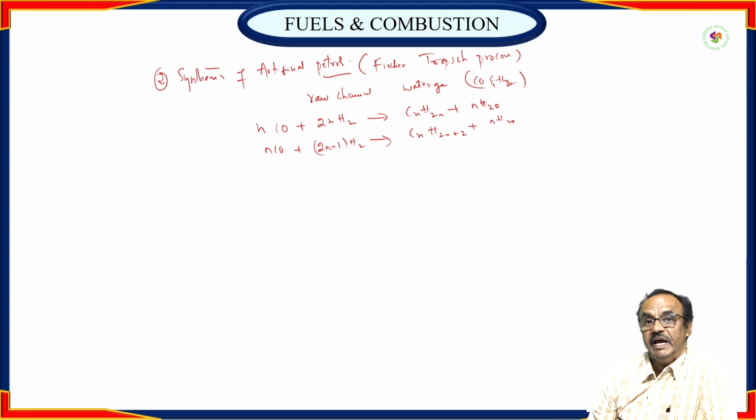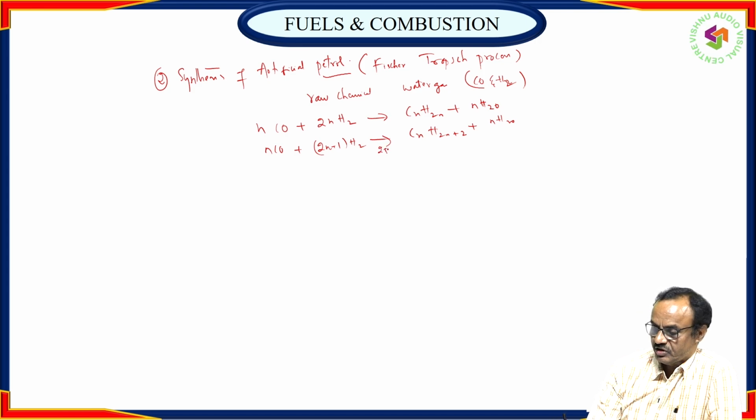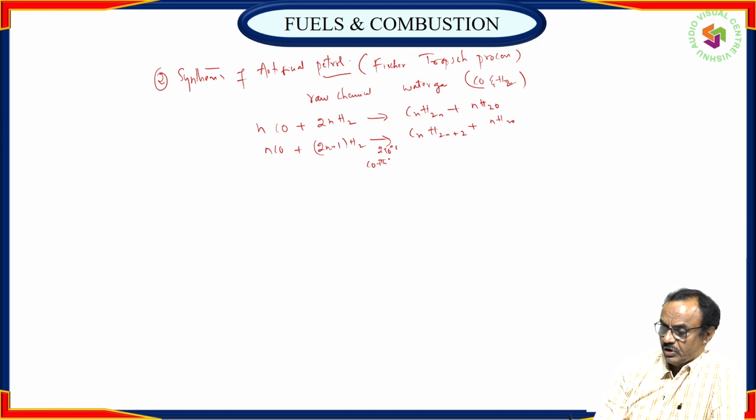This can be achieved at high temperature, about 250 degrees centigrade, in presence of catalyst, cobalt plus thoria plus magnesium oxide plus Kieselguhr clay, in the ratio of 100 is to 80 is to 5 is to 200.